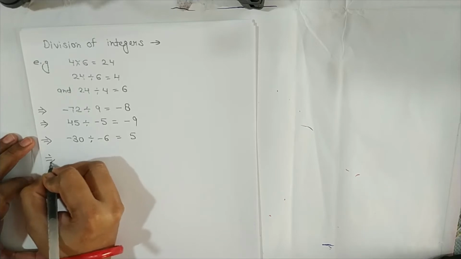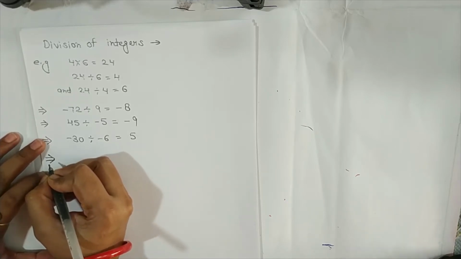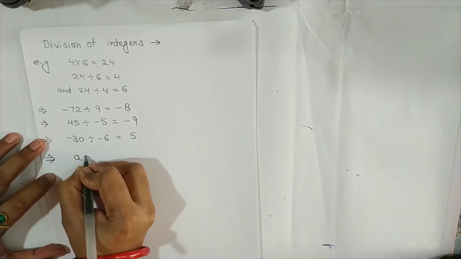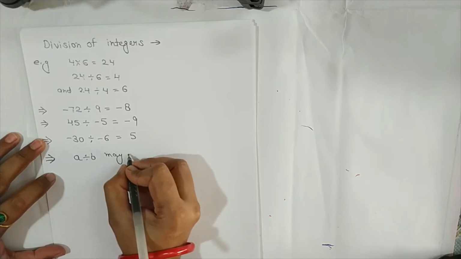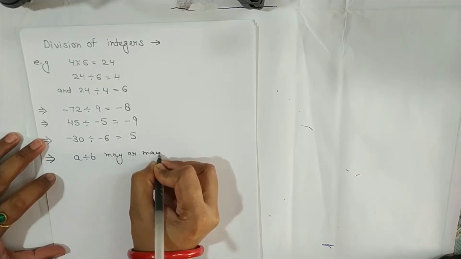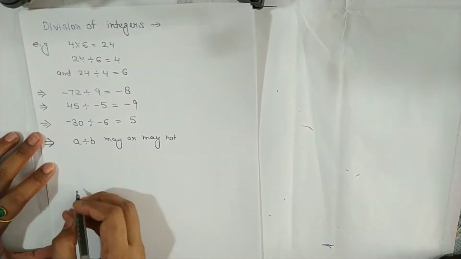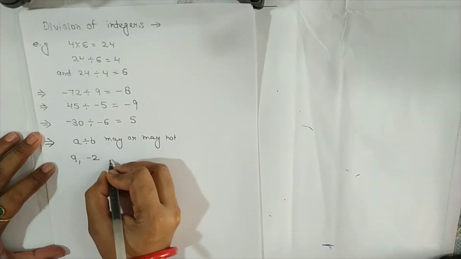Now some other points. Suppose two numbers are integers, then a divided by b may or may not be an integer. For this I am taking an example. Suppose 9 and minus 2 are integers.